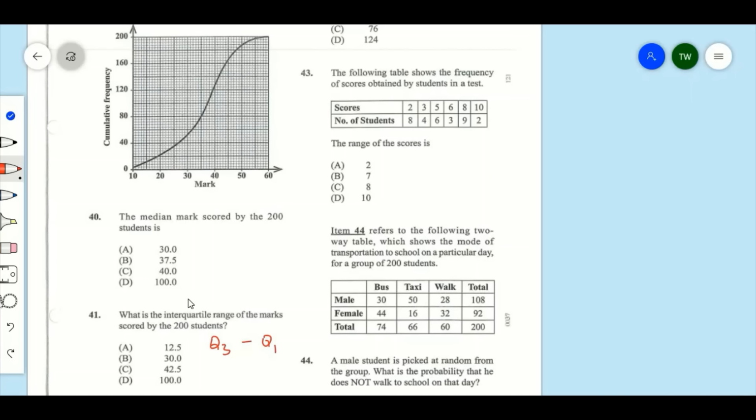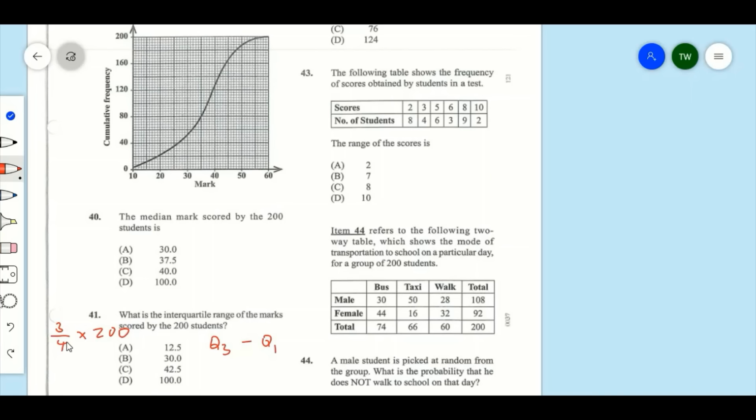Now, in order to find the position of Q3, that is going to be 3/4 of the total population. So we can find Q3 by finding 3/4 of the total population, and the total population is going to be 200 here. So it's going to be 3/4 times 200.